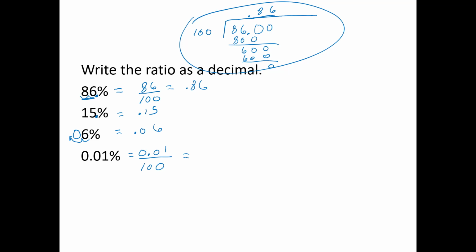And whenever you divide by 100, you just move the decimal point over 2 places, right? And so then, since it's right here, you go 1, 2, so you're going to have a total of 1, 2, 3 zeros, and then the 1, and the decimal point goes right here. It used to be right here, it moved over 2 places, and you should get in the habit of putting the 0 in front of the decimal point, right? And so then there you go.